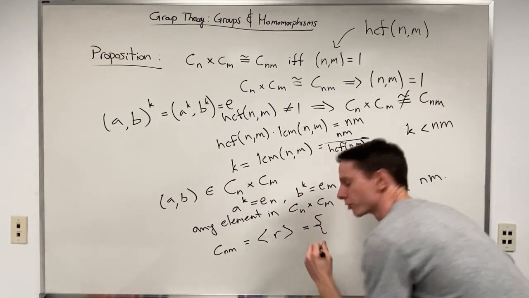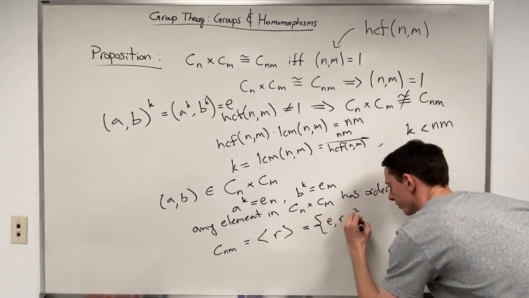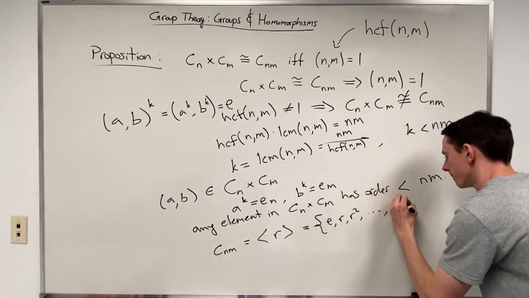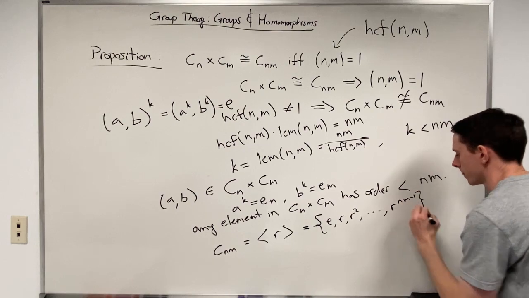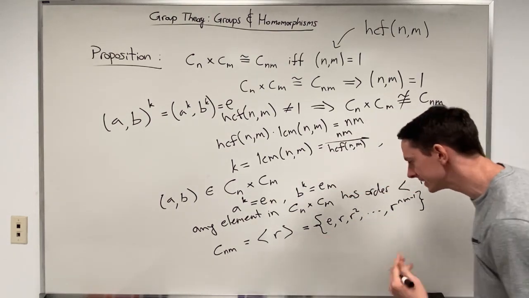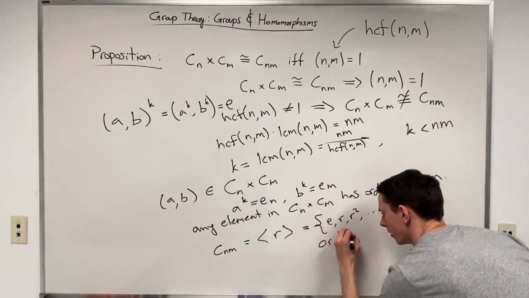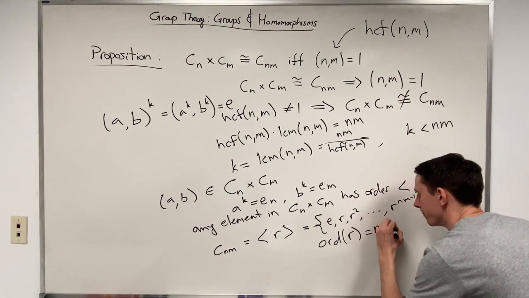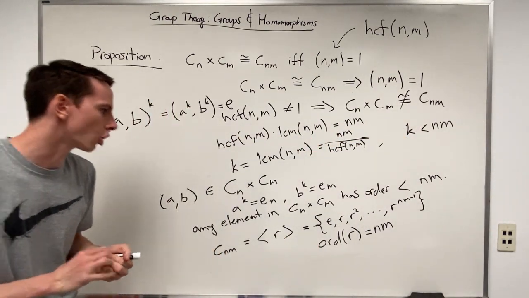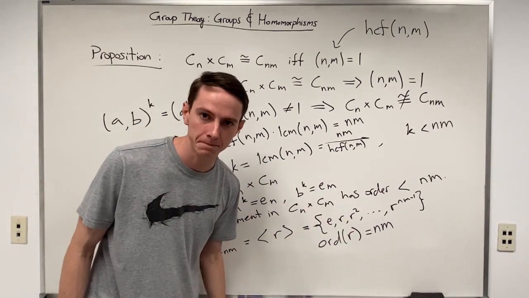And if we were to write this out in set notation, this would be {e, r^2, all the way through r^(nm-1)}. In other words, this cyclic group C_nm needs to have the property that the order of r is equal to n times m. Okay? Because r raised to the n times m should cycle back to the identity.